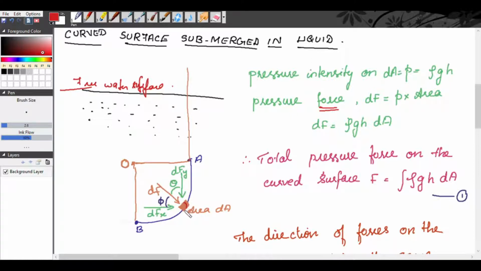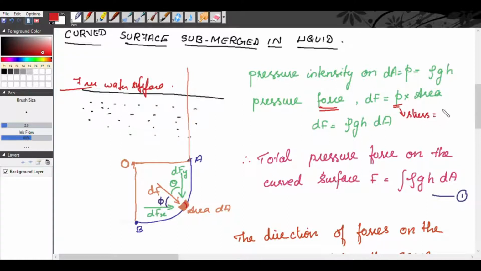This smaller area is on the curved surface, and the force will act perpendicular to the direction of this area. So, dF is equal to pressure into area. Pressure is similar to stress.